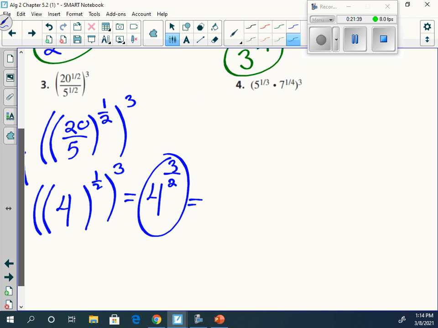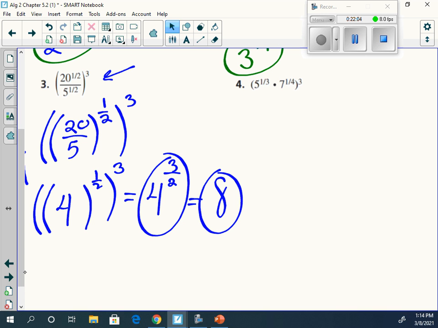Type 4 to the 3/2 into the calculator, see what you get. 8. Since this gave you a whole number answer, you could have typed this thing into the calculator to begin with, and it would have given you your answer. So some of these here we can type in, and it'll tell us the answer. Some of them won't. Questions on this here? We're not going to worry so much with this one.